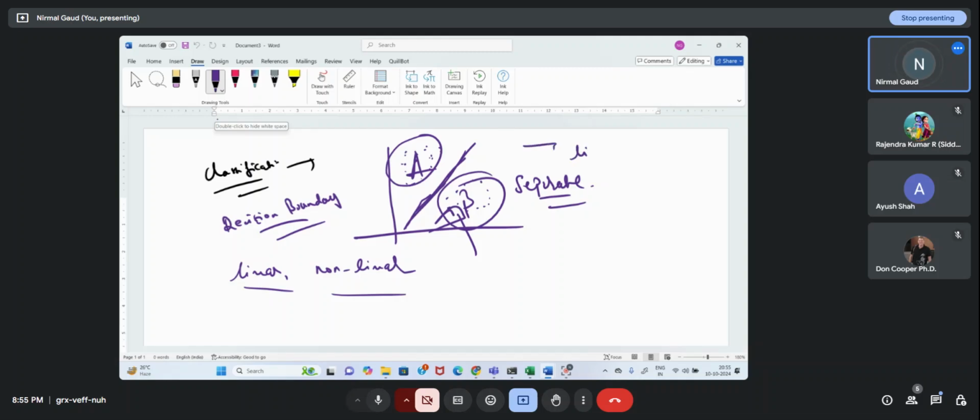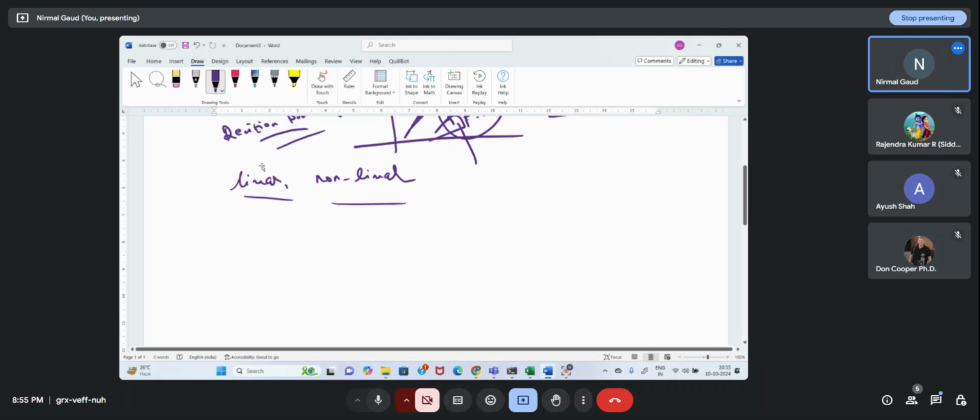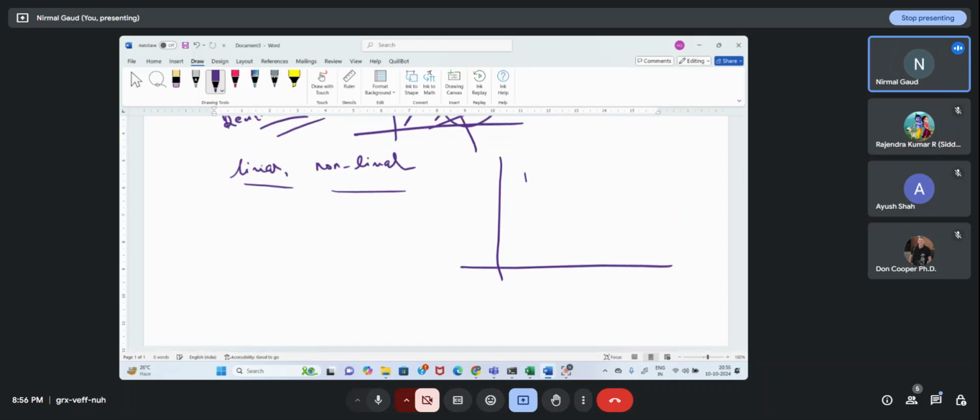This is a case of linearly separable data, where I can separate it with a single line. It may happen that you have to separate classes with a polynomial. Let us suppose this is class A, this is class B, and this is the distribution of data. So this is linearly inseparable, and with the help of a polynomial you have to separate it.